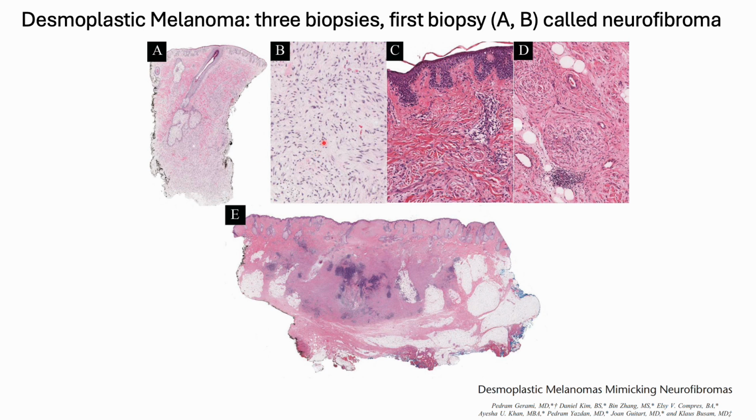This was called neurofibroma. And then a little bit later, this is a bit easier to diagnose. I mean, you still have these extraordinarily bland spindle cells, but now you have a visible junctional component, and you also have visible lymphoid aggregates. So a little bit easier to diagnose at this stage, but still quite challenging.